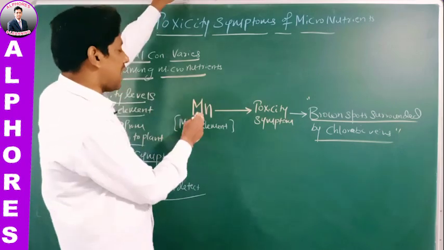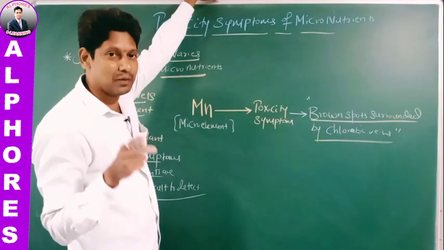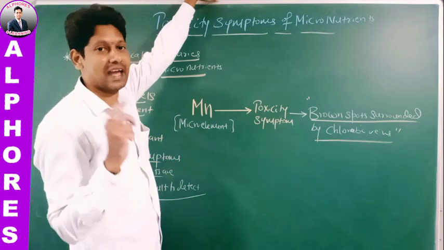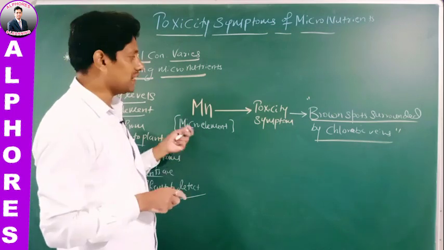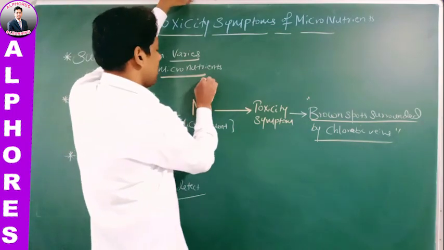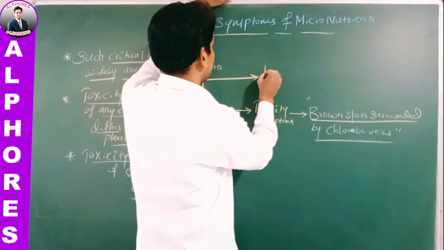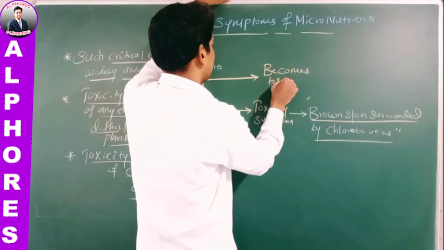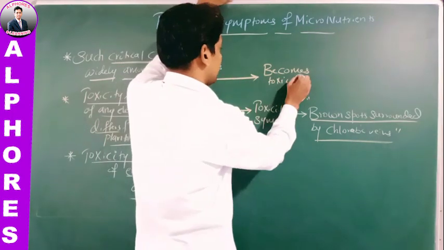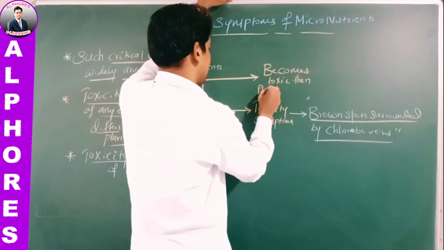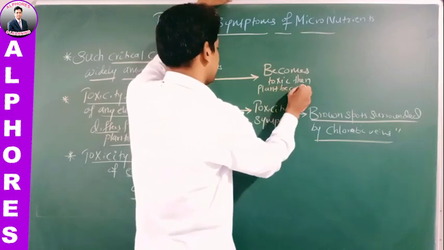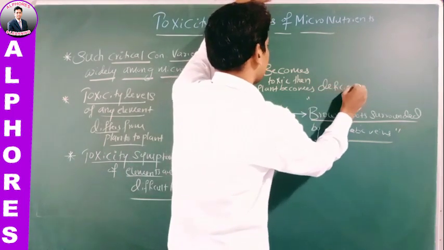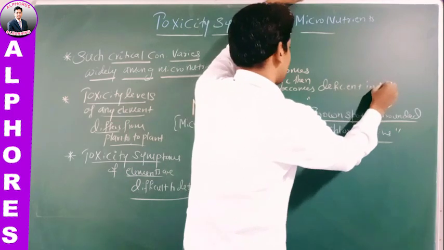Sir, if manganese becomes toxic, then the plant becomes deficient in magnesium, iron and calcium. If manganese becomes toxic, the plant becomes deficient in what, sir?